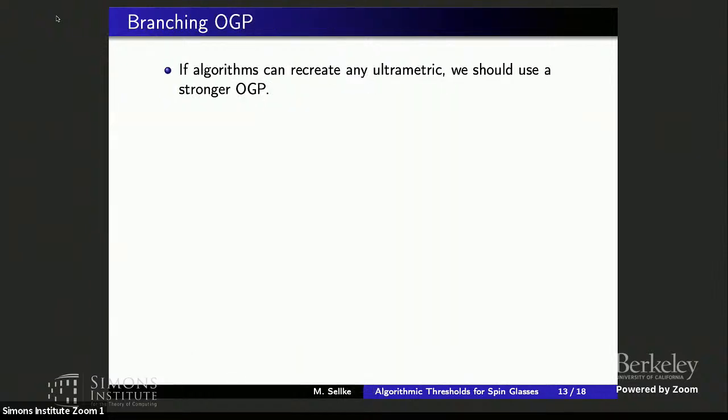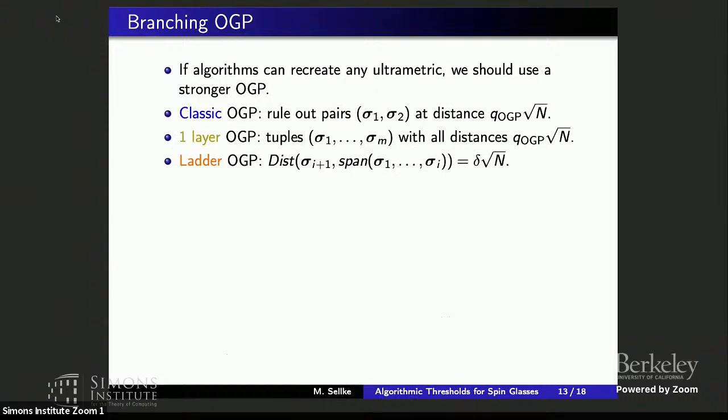And each of them attain the same energy value alg. So if we can do this with algorithms, then this suggests maybe we can use a really strong version of the overlap gap property that kind of matches this ability. So in the classic OGP, we're ruling out pairs of solutions. In something I'll just call a one-layer OGP, we can rule out tuples of more than 2 points where all the distances are about the same.